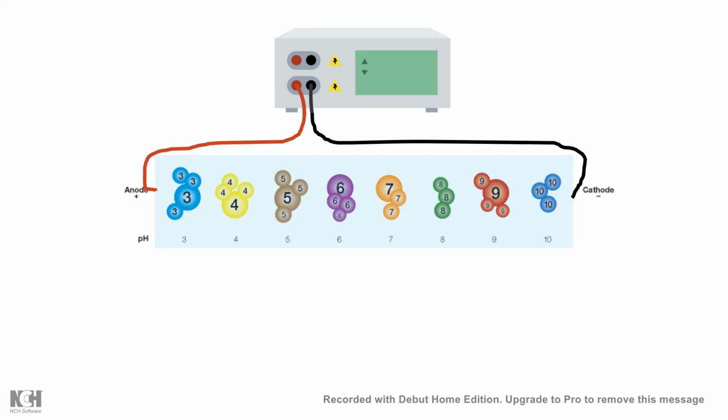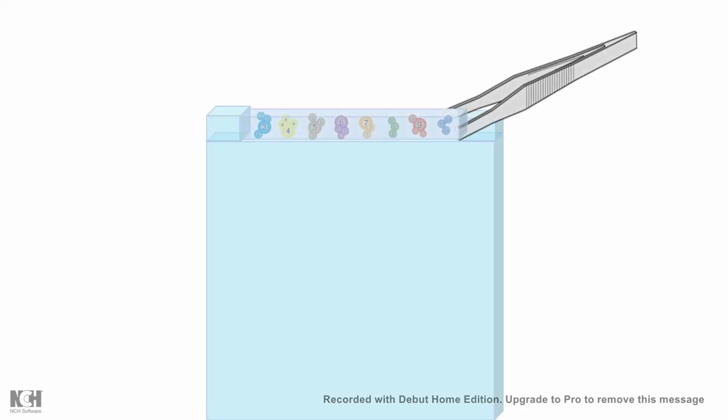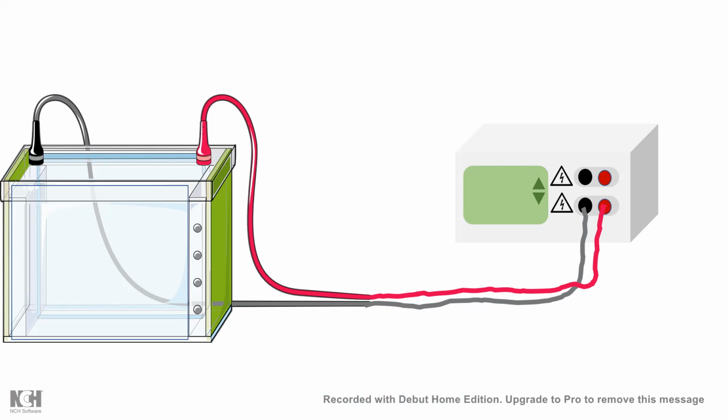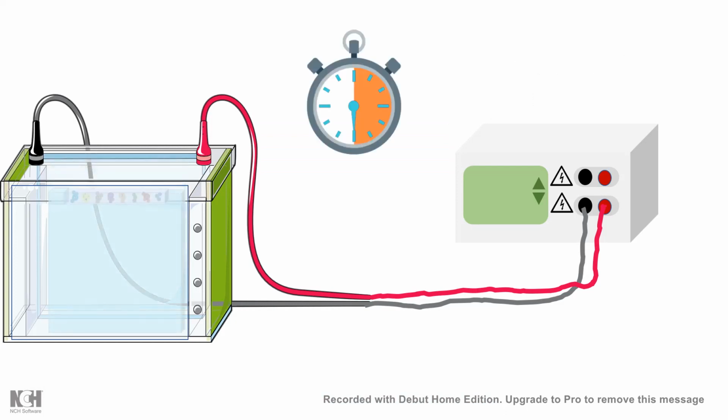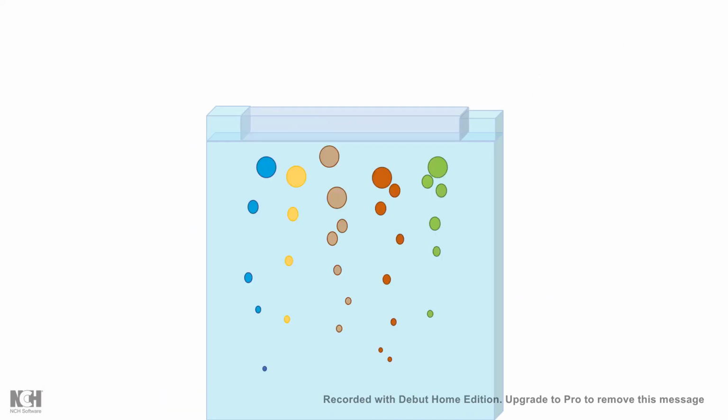Then what we can do is take this IPG strip and load it onto a second gel, and this is very similar to one-dimension gel electrophoresis, and we would allow them to separate on the basis of their molecular weight. But now we have two degrees of separation.